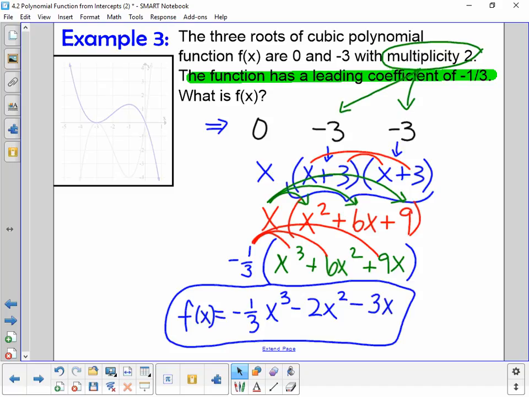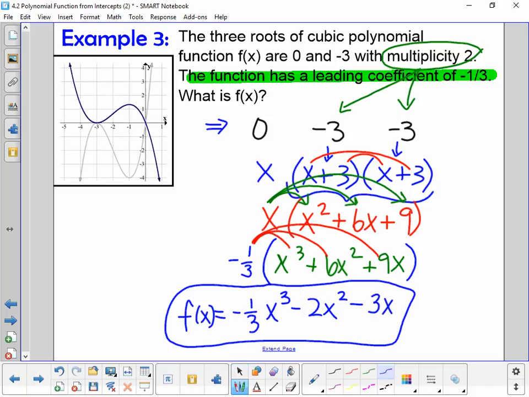So it has a picture of it here. The darker one right here is f of x. I have on there also a lighter gray one. The lighter gray one is the function, what it would look like if you don't do the -1/3 coefficient.